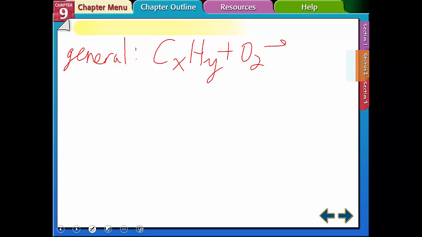So something containing both carbon and hydrogen. So for the general way how we do this, CxHy, those could be any numbers. If a hydrocarbon reacts with oxygen, automatically what will be produced is carbon dioxide and water.